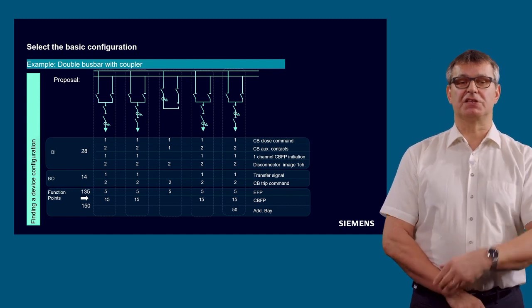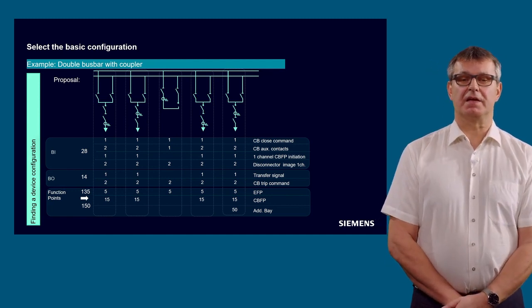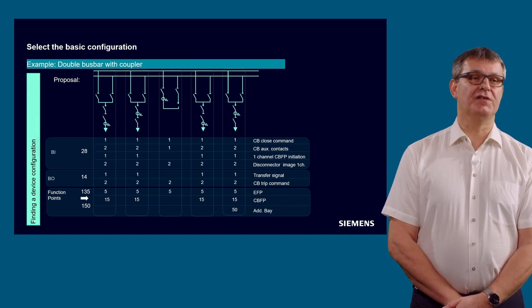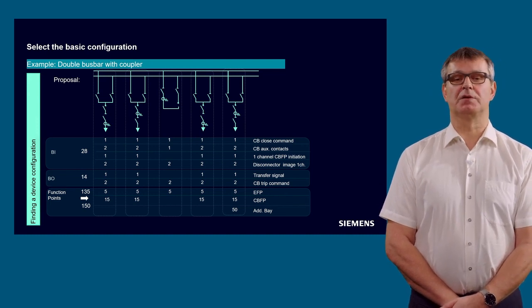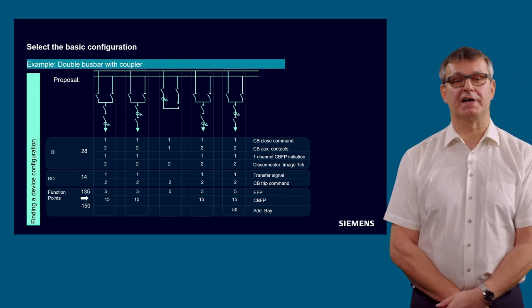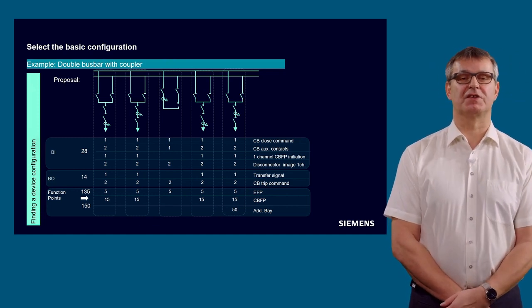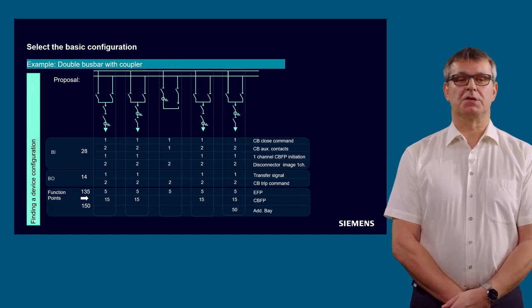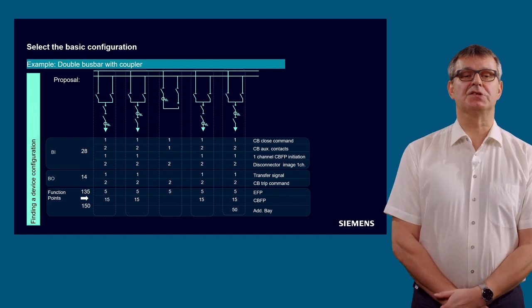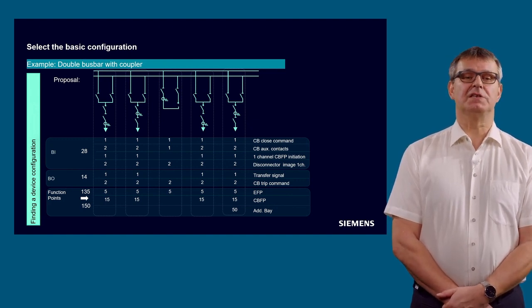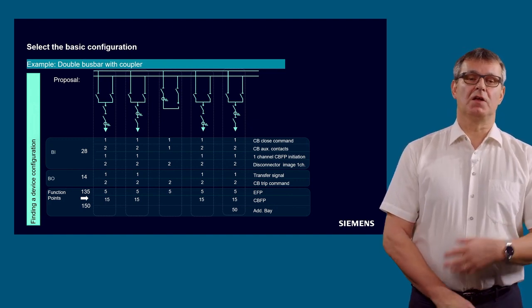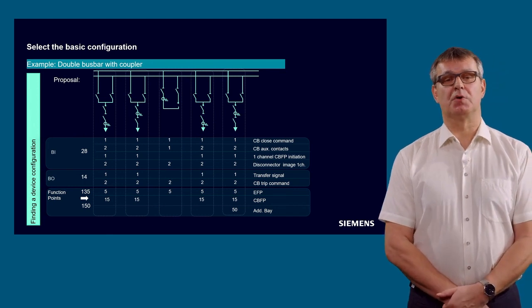And for the additional bay, we need 50 function points for this 1 additional bay. Already 4 bays are included, as you remember, with significant feature B. So in total, 28 binary inputs, 14 binary outputs, and 135 function points.